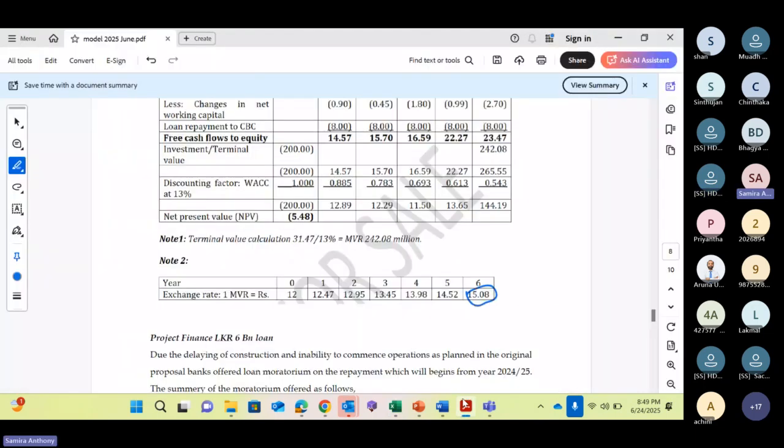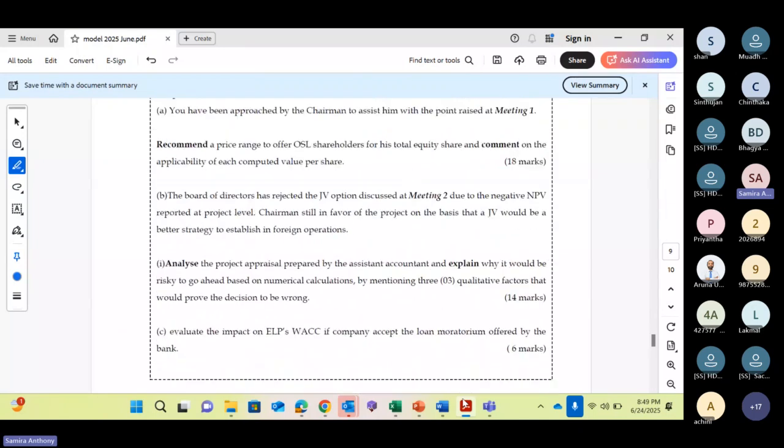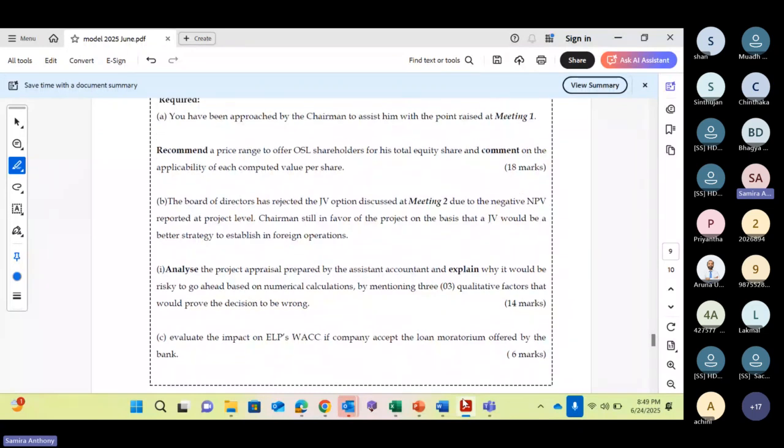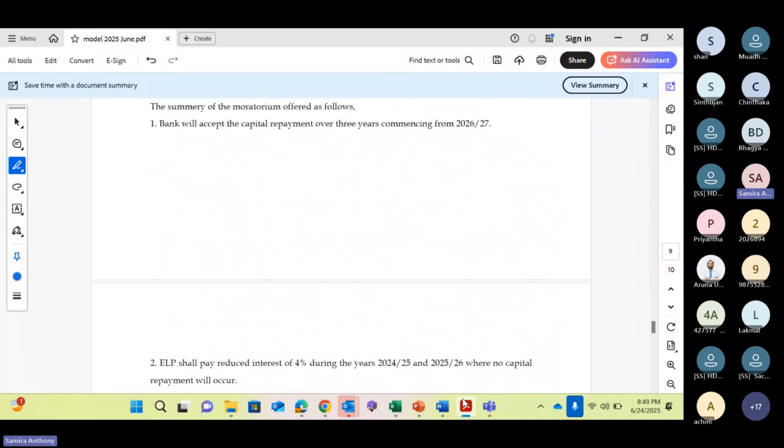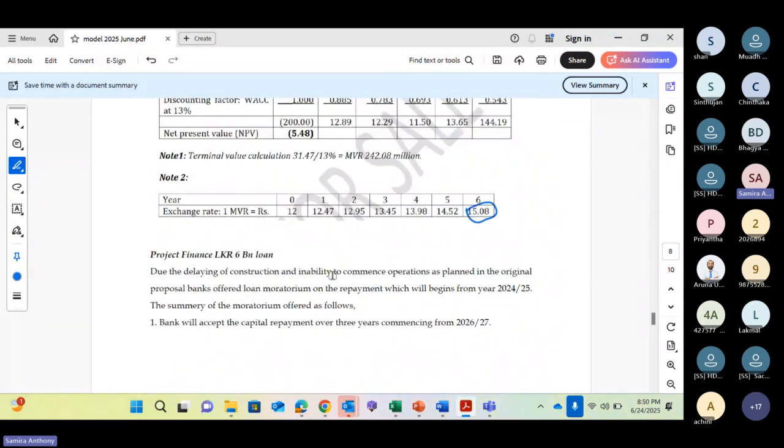Now they ask another question. Evaluate the impact on ELP's WACC if the company accepts the loan moratorium offered by the bank. Now we have a WACC, right? 15%. Keep that in your mind. Now the bank is giving us a moratorium. Due to the delay in construction and inability to commence operations as planned in the original proposal, the bank offered a loan moratorium on the repayment, which will begin from 24/5.